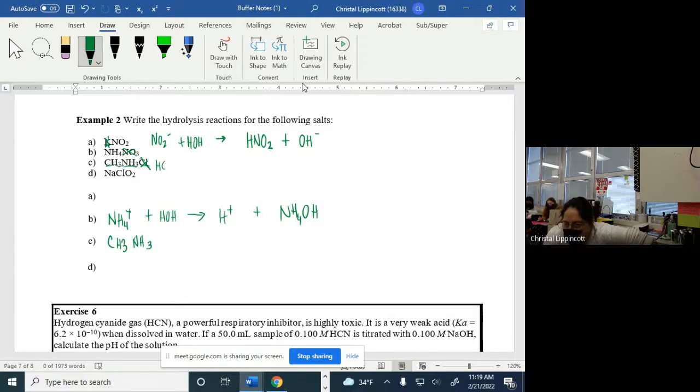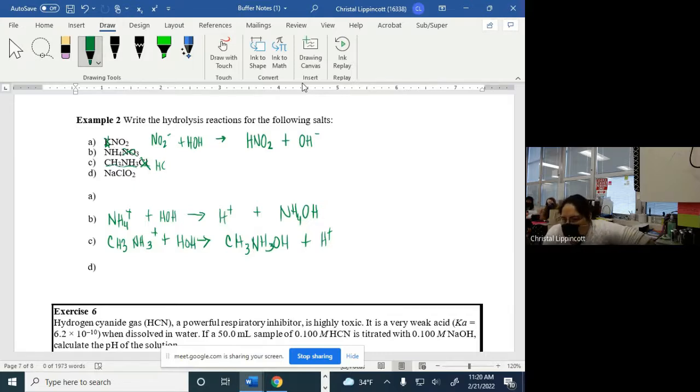Positive. Plus HOH. What is this going to grab from here? The OH, because the OH is minus. So CH3NH3OH plus H plus.